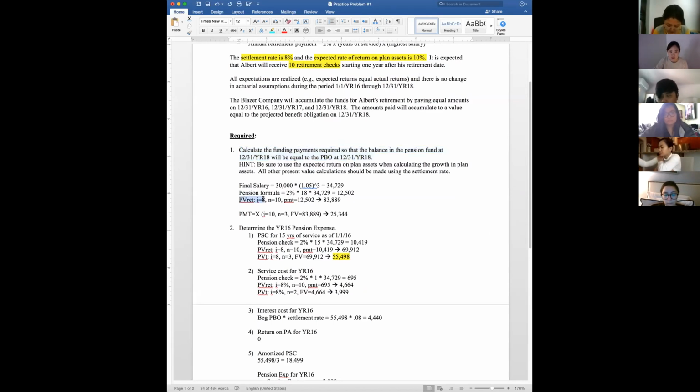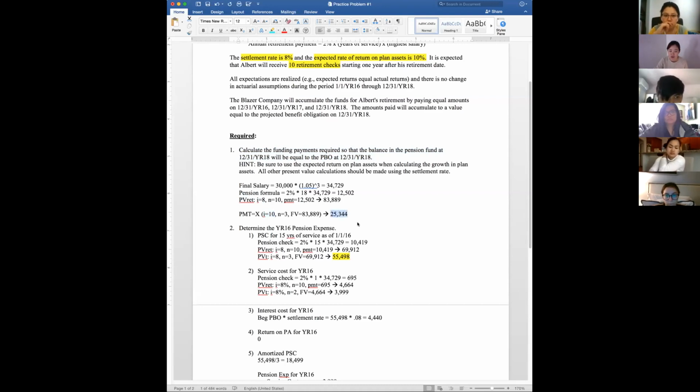We calculated that in number 1. When we discount the future cash flows, we used the interest rate of 8%, which is the settlement rate. When we try to figure out how much the company has to save, with an assumed growth rate of this investment at 10%, we use the interest rate of 10%.